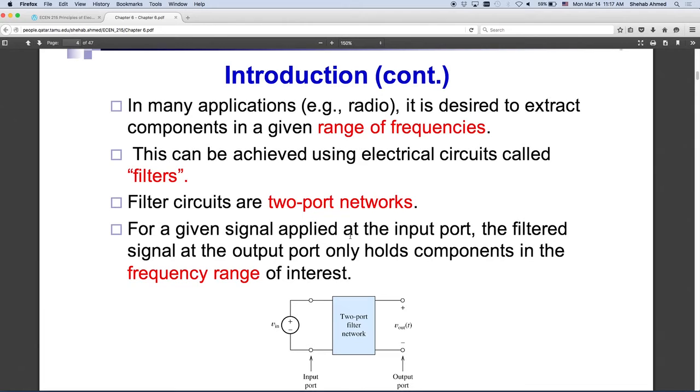For example, you want to listen to radio. When you're playing with your radio in your car, you click the tuner, right? This tuner is what? A certain frequency that you're listening to, right? This certain frequency is not all that's being sent. Sometimes you will have AM and FM on your radio, right? One of them is called amplitude modulation, and the other is called frequency modulation, right?